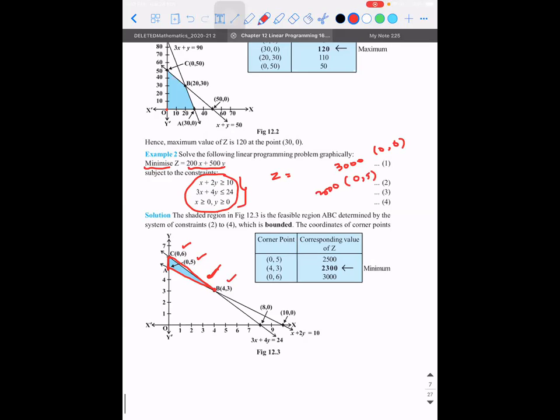For 4, 3, how much will be the answer? 800 plus 1500. It will be 2300. So out of all the three, 3000, 2500, 2300, which is least, 2300 will be the least. So the least value in this case is possible when an ordered pair of 4, 3 is generated. Guys, am I clear?